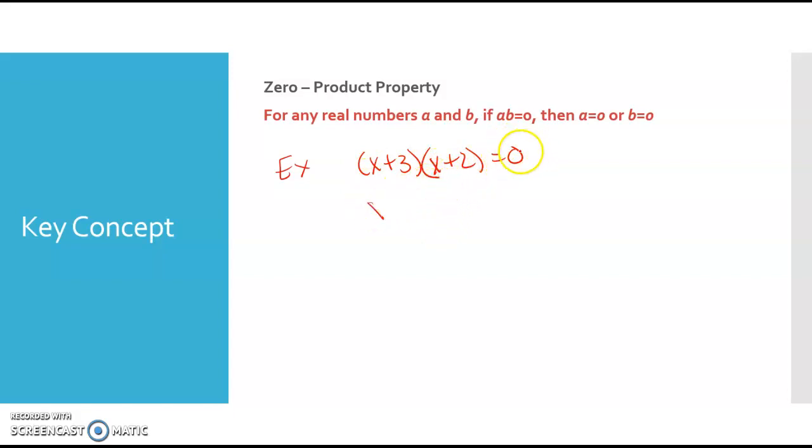Then x plus 3 equals 0 or x plus 2 equals 0. One or both has to equal 0 for us to get an answer.